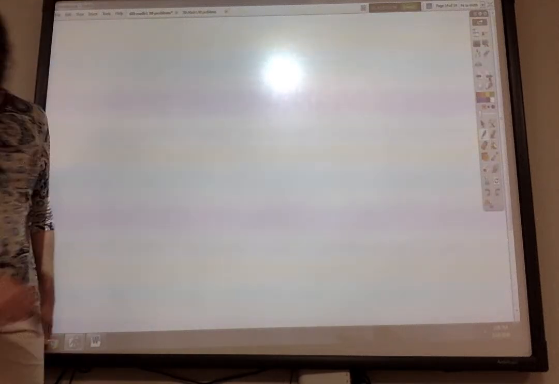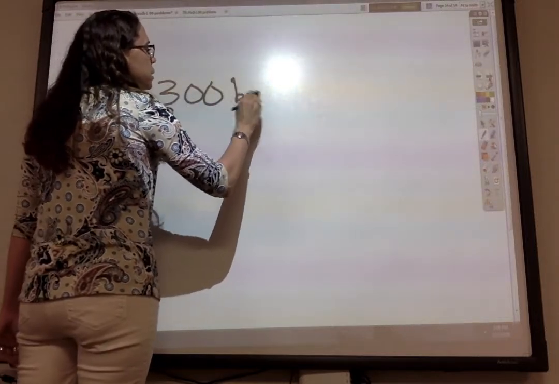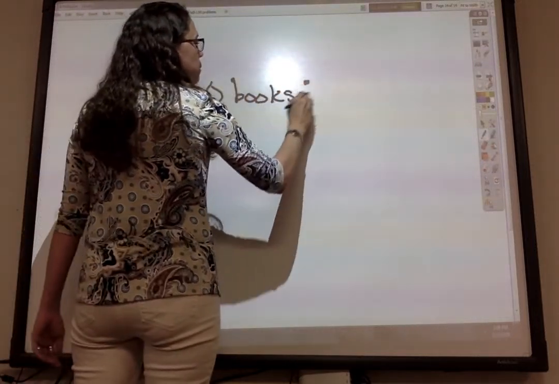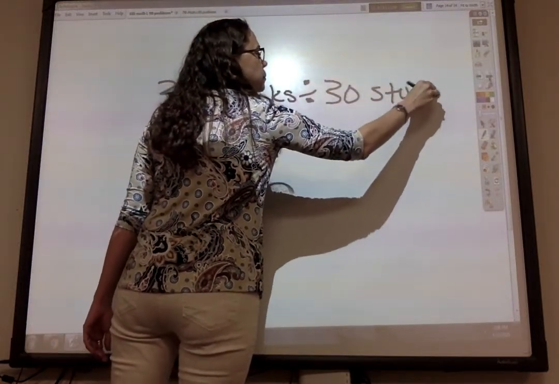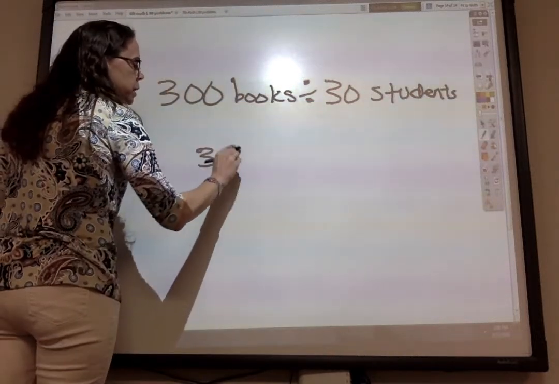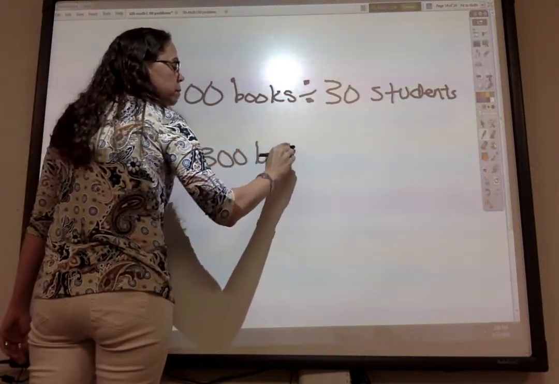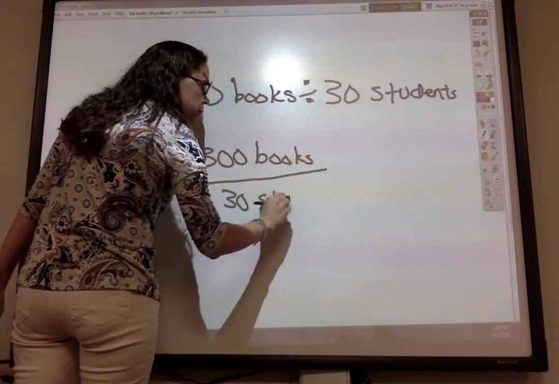300 books divided by 30 students. Okay? Now most of the time you'll see this written like this. 300 books divided by 30 students.